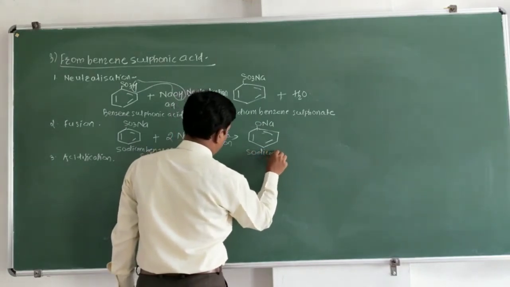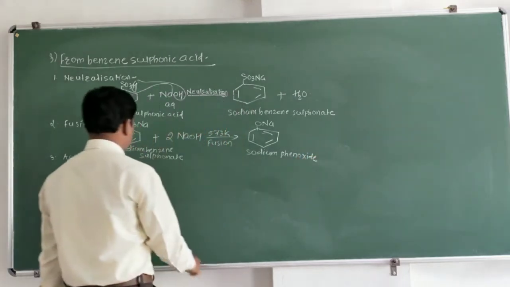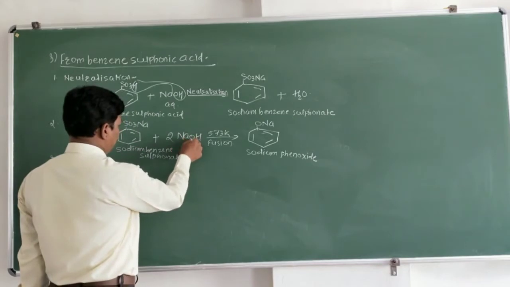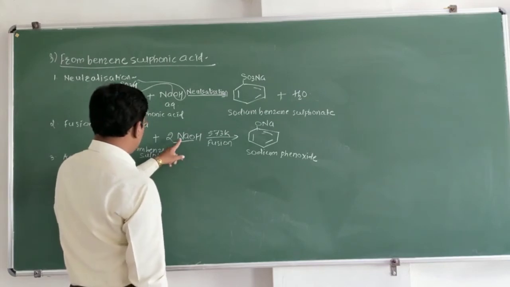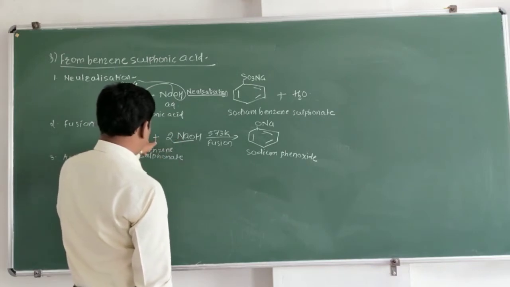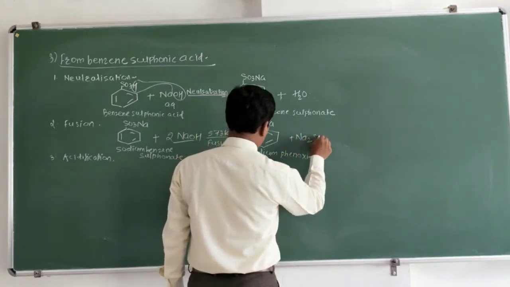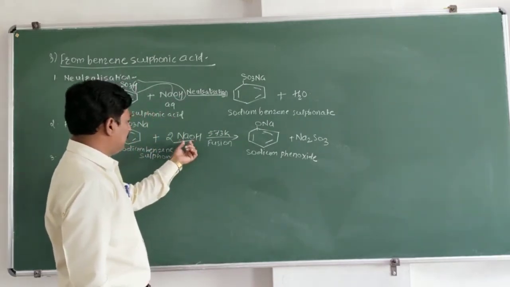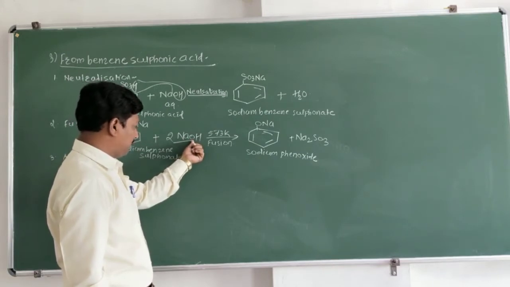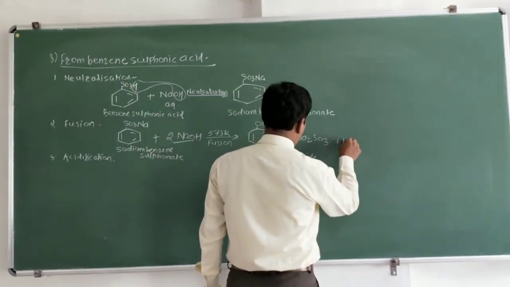Sodium phenoxide. Now see here, from this ONa, one ONa forms sodium phenoxide. From the NaOH, the Na combines to form Na2SO3. Then the part remaining is one oxygen atom and two hydrogen atoms, which form H2O.